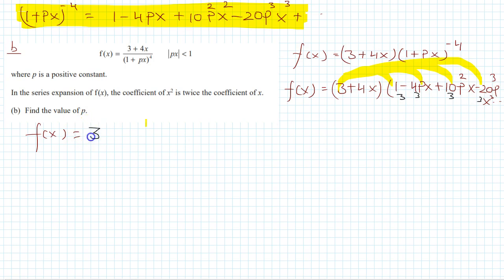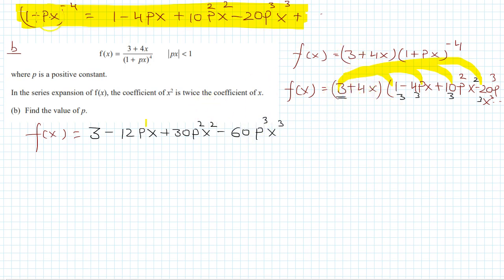So this is 3 minus 4 times 3 is 12px plus 30p²x², minus 60p³x³. This we have multiplied by 3.